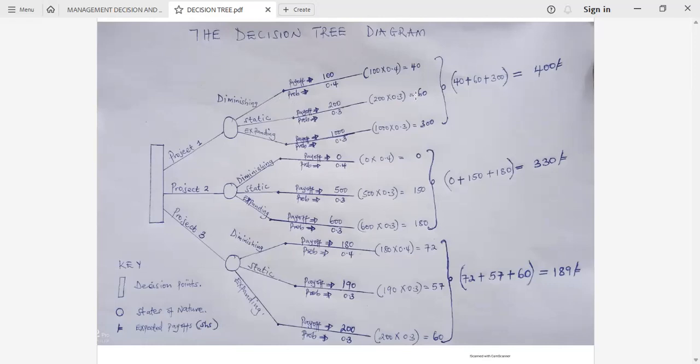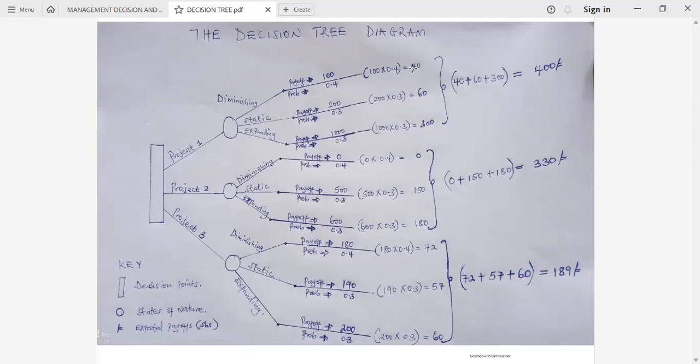You also get the expected value for the static state of nature, and at the same time, you get the expected value for the expanding state of nature. So when you get all of that, you add them to get the overall expected value for the project.